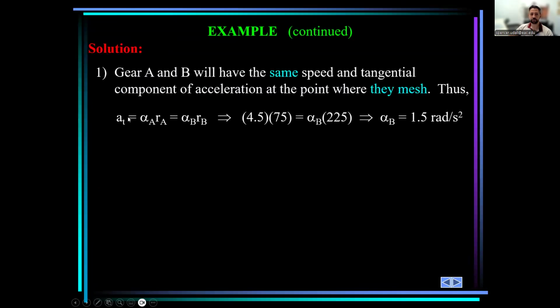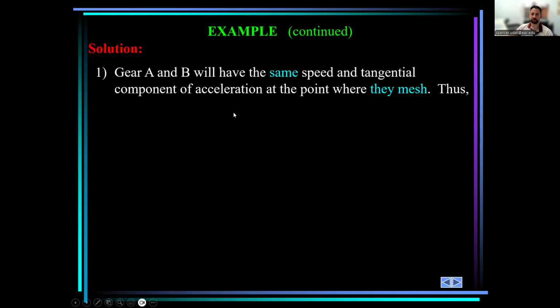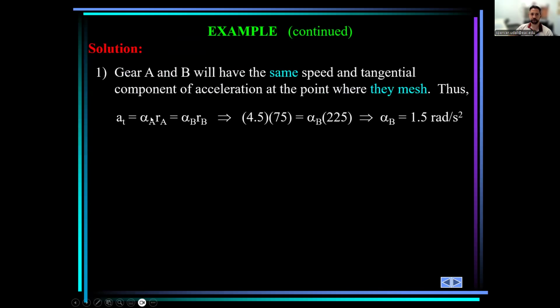So for the gear A, that tangential acceleration is equal to alpha times r, right? Our equations for relating the linear to the angular. So if we take the radius of A, which is the 75 millimeters, and multiply that by the 4.5 radians per second squared, that would give us this tangential acceleration of some particle going around, which would be the same as the tangential acceleration of some particle going around the outside of gear B. So that's what we're saying here.